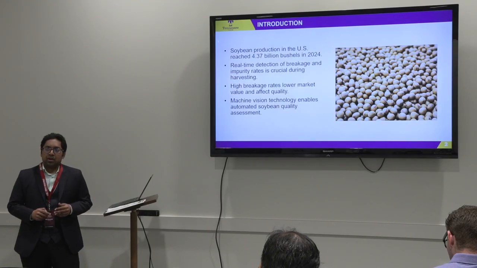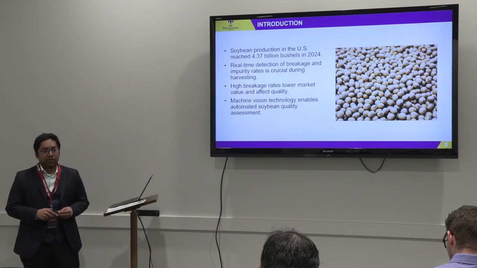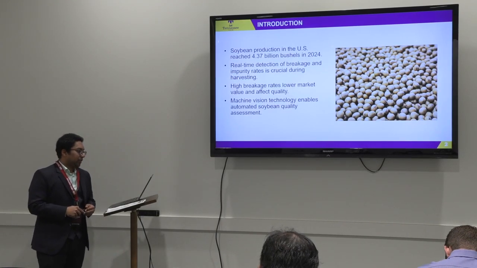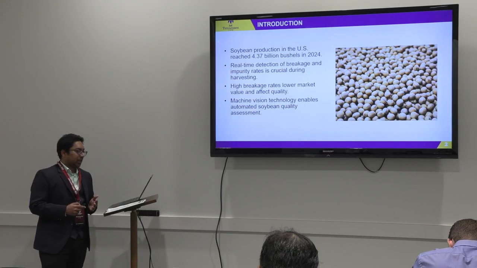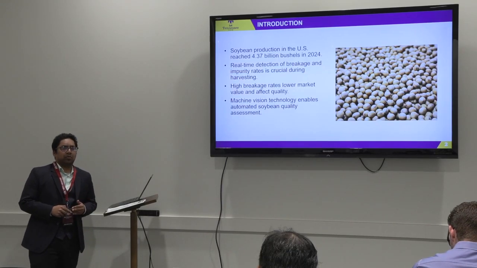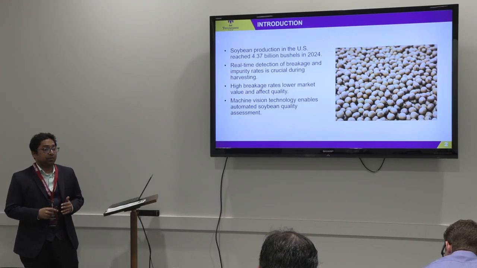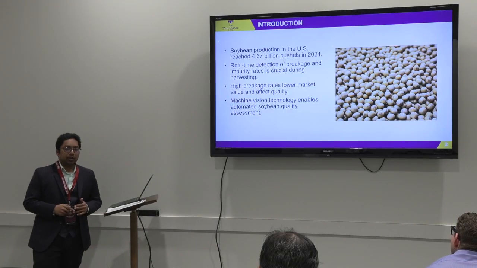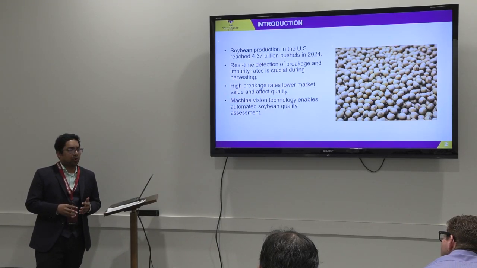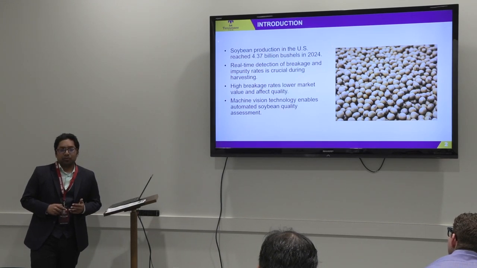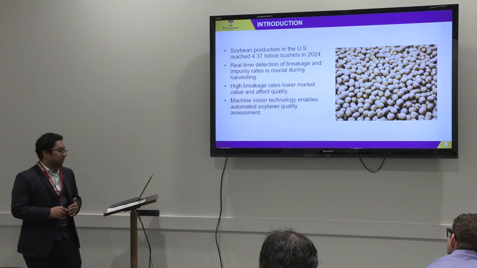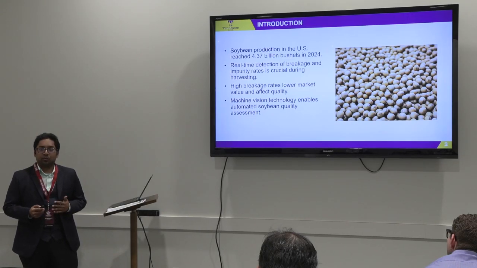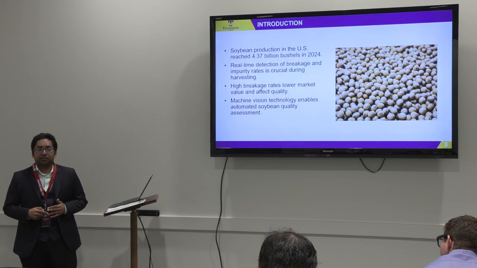Because if you have a high amount of impurities and broken soybeans, then the market value and the quality of the soybean would be degraded. Usually we use manual inspection for harvested soybean quality estimation. So we propose a machine vision based technology for automated soybean quality estimation.